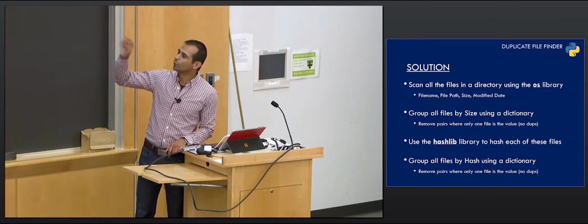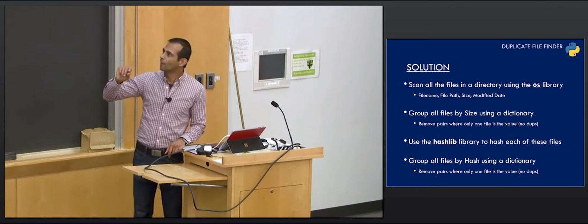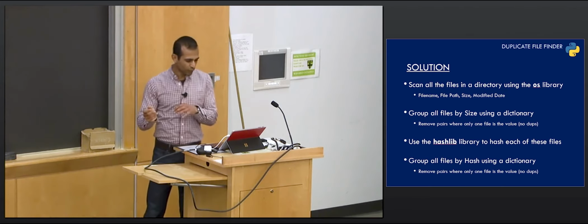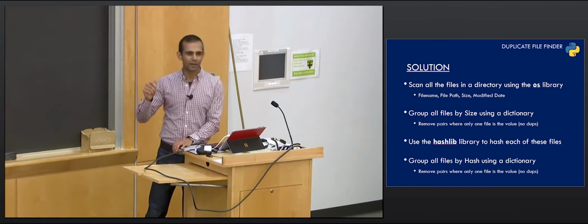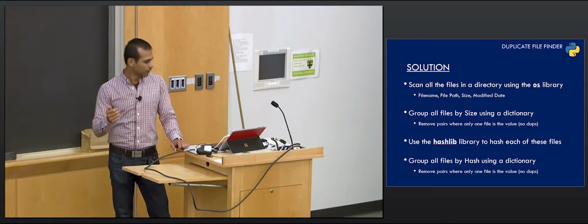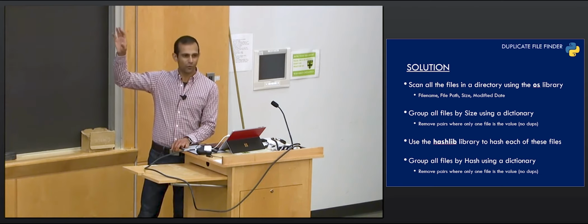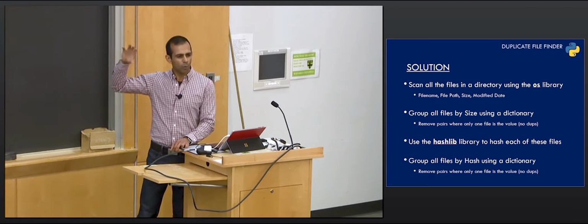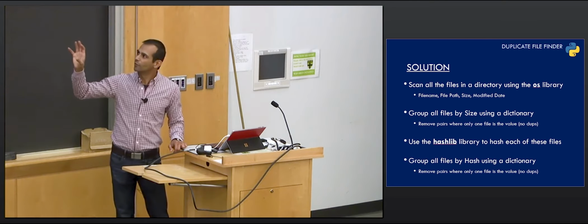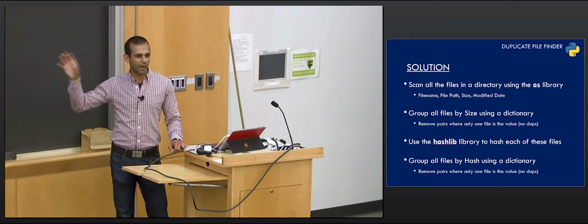If there are 2 or more files that share the same size, I'm going to store them in a list. On that subset of files, I'm going to run a hash program. I use the hashlib library to hash all the files that could be possible duplicates based on the size in bytes. Next, I group by the hash key.